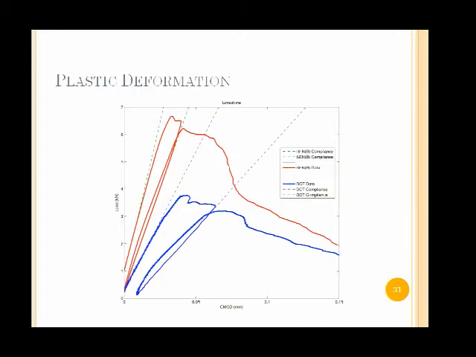And the one idea we're leaning towards is that we noticed that when we plotted the DCT data versus the beam data, we had a much larger area of plastic deformation or crack extension occurring in the DCT rather than the beam. And remember, these two mixes are identical. They were cast on the same day from the same truck, cured in exactly the same manner, and tested at around 600 days.